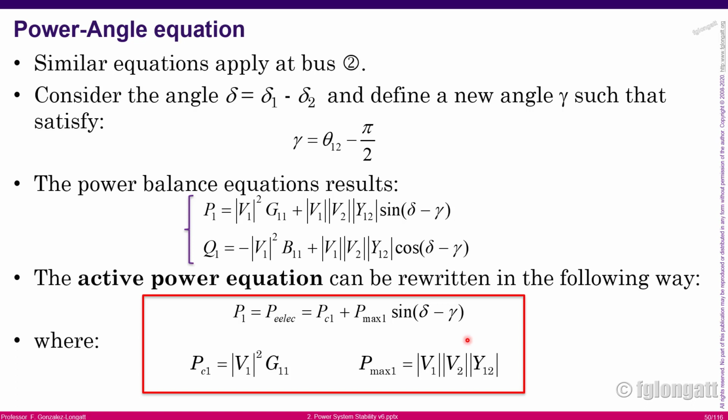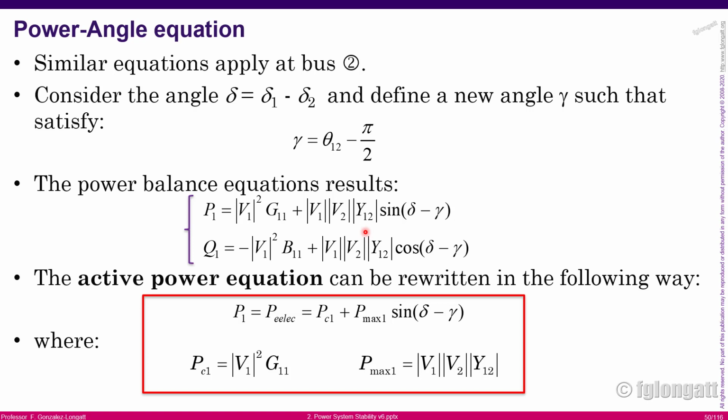What I'm trying to say is we are considering an angle that is a relative angle between the two machines, okay? And then using this gamma as a property here, we can obtain, again, a more compact way to represent the power balance equation, okay?